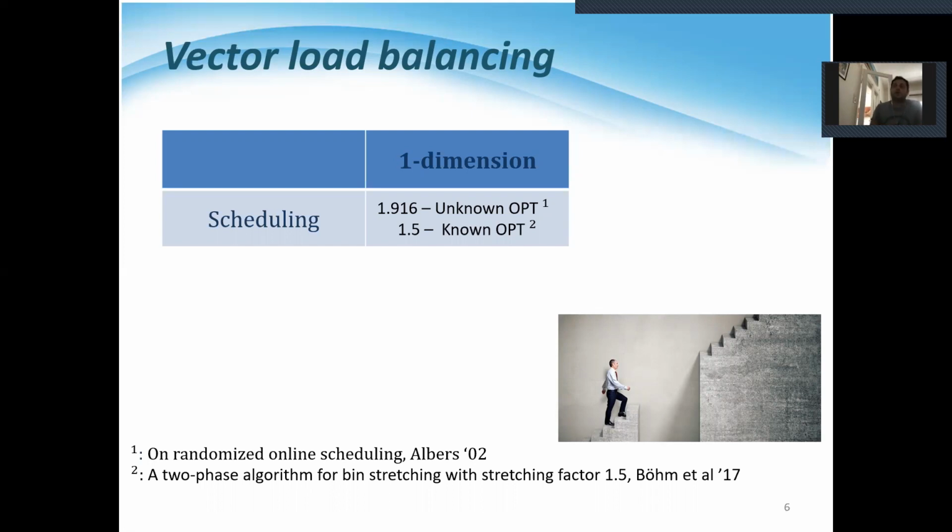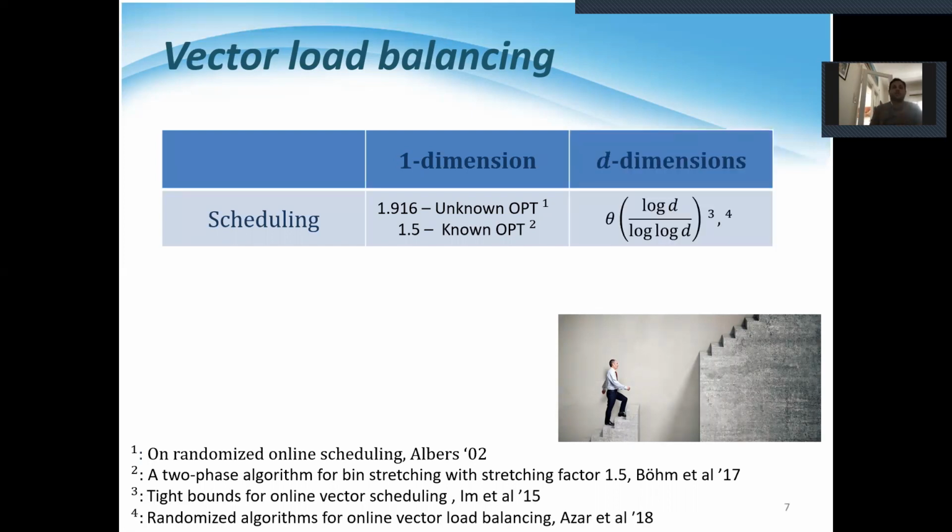And the other interesting case is what happens for general d, where the number of dimensions is more than 1 and can be arbitrarily large. And here there are tight results up to a constant factor of log d over log log d. And again, there was a lot of work on what happens when the number of dimensions is large.